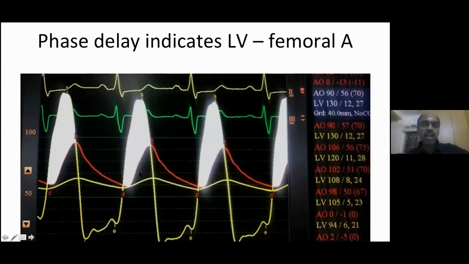Because of the phase delay between the femoral artery pressure and the left ventricular pressure, a much higher mean gradient will be recorded. We need to be careful in assessing the hemodynamics in such patients.